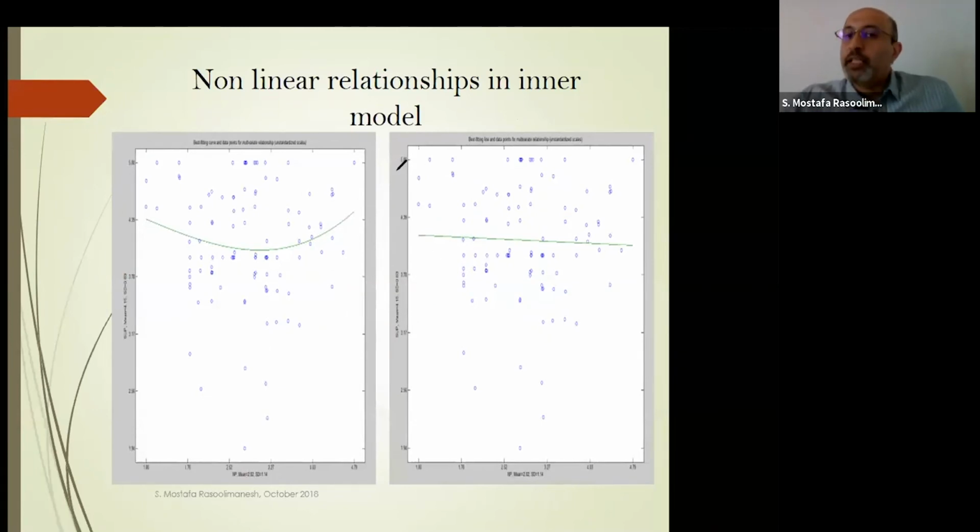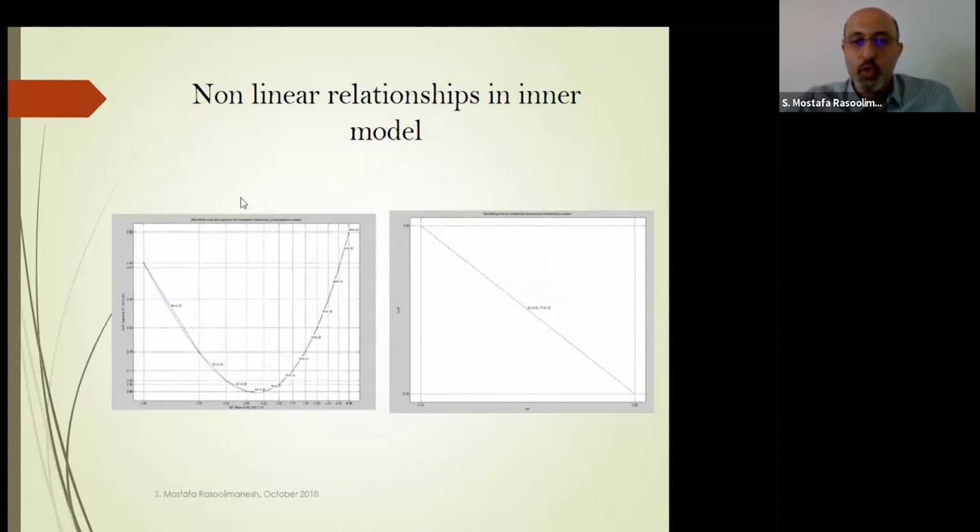We can apply nonlinear algorithms, especially in SmartPLS. SmartPLS is very powerful in this feature and can give plots for all relationships. I will show you later. So this is one type of nonlinear relationship.